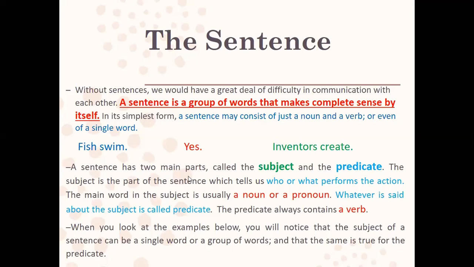A sentence has two main parts called subject and predicate. If you eliminate the subject from any sentence, you will have the predicate. This is the easiest thing you can do. The subject is the part of the sentence which tells us who or what performs the action. Subject is the doer of an action.